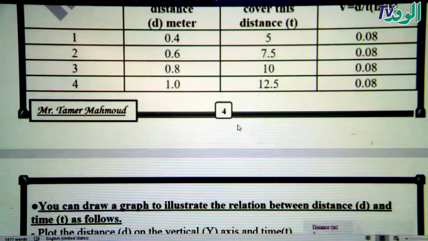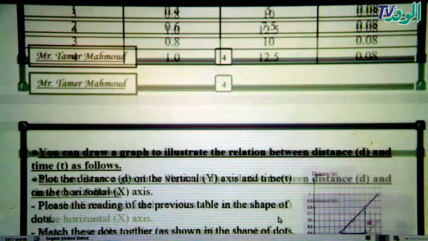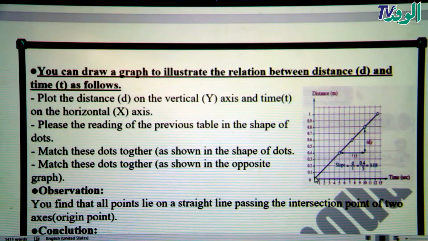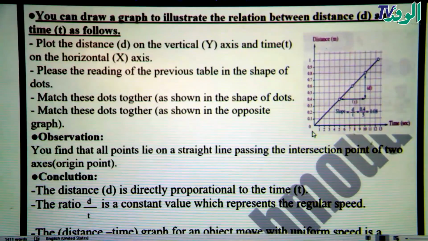According to this table, we can represent this result on this graph. What do you observe? We can get a straight line passing through the origin point. This is the graph that represents the object moving with a regular speed. So we can say that the object cuts equal distances in equal periods of time.